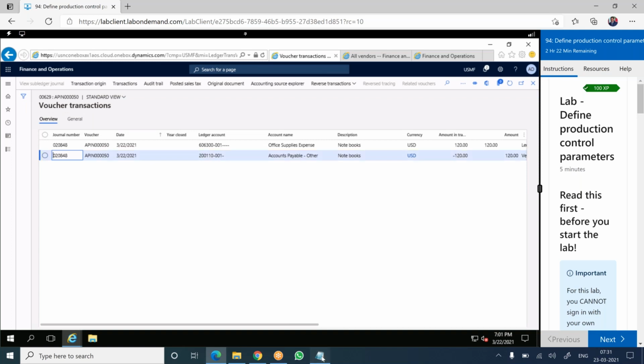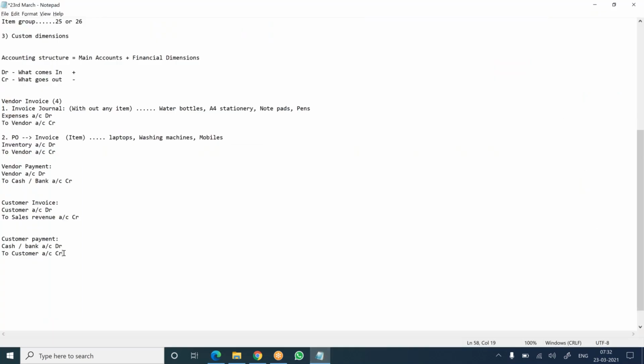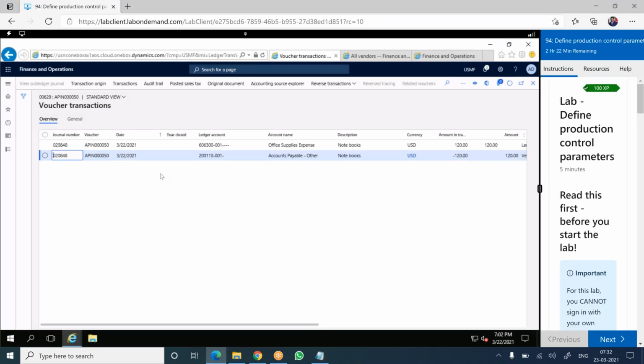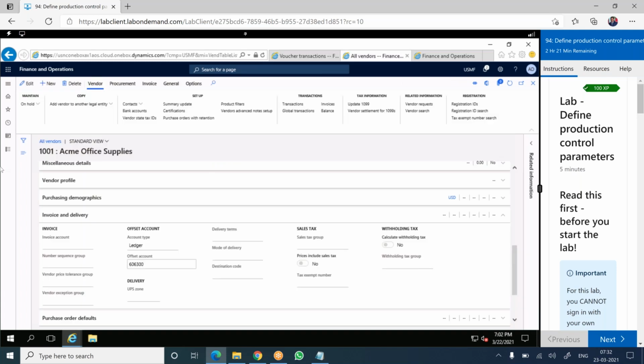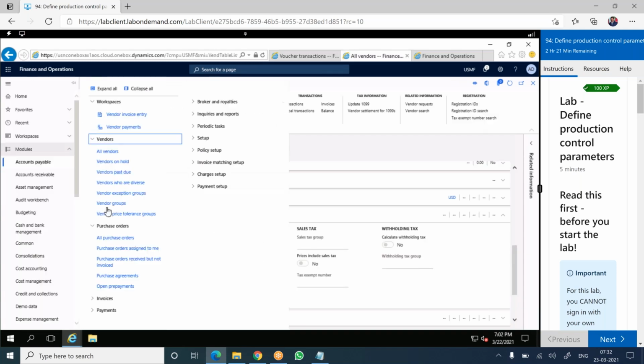That is a concept called the ledger subledger concept, which I will explain later. This is one more important topic, the most important. Instead of vendor 1001, it is posting to 200110. How it is posting: it is available in vendor posting profiles, in setup.